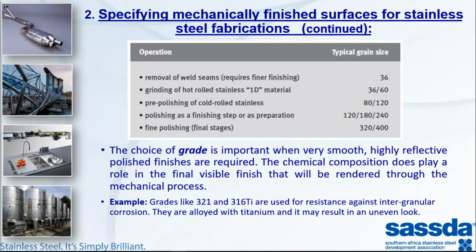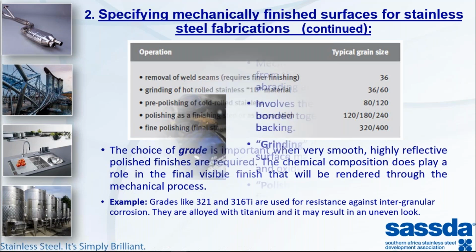And this gives the material excellent resistance to intergranular corrosion, but when you finish it to a high degree, it leaves a streaky or an uneven look to it. You learn that quickly once you've tried to do a finish. I think there's a lot of people that have burnt their fingers that way listening today.